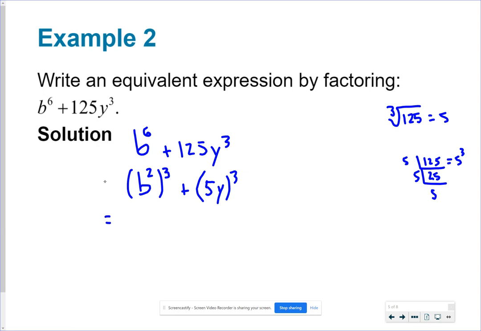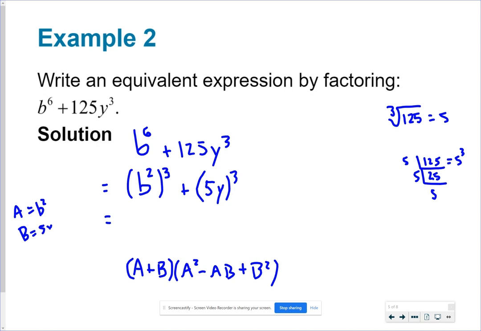So what we're going to do is we're going to use our formula, which says we can factor that as, well, let's remember what it is, a plus b times a squared minus ab plus b squared. So what we're going to use is our a is going to be b squared, and our capital B is going to be 5y.